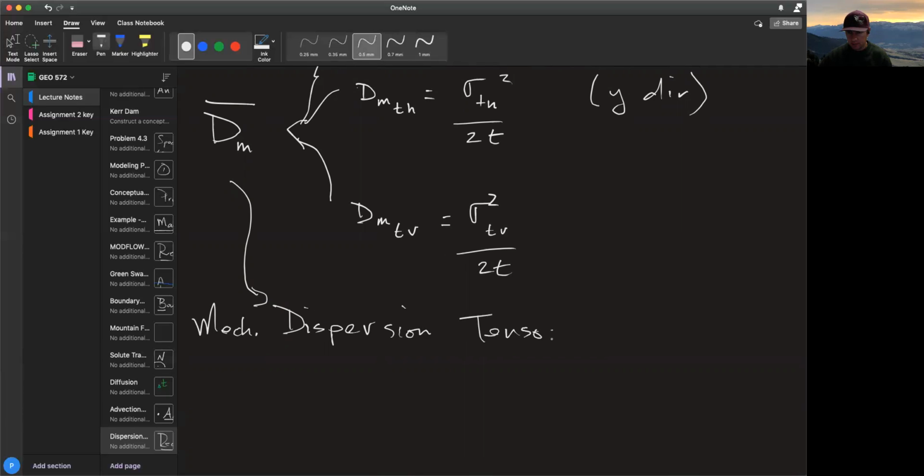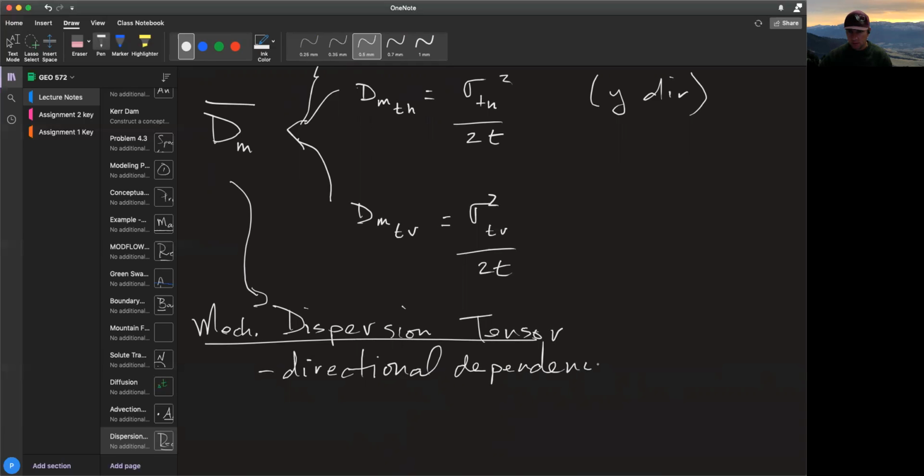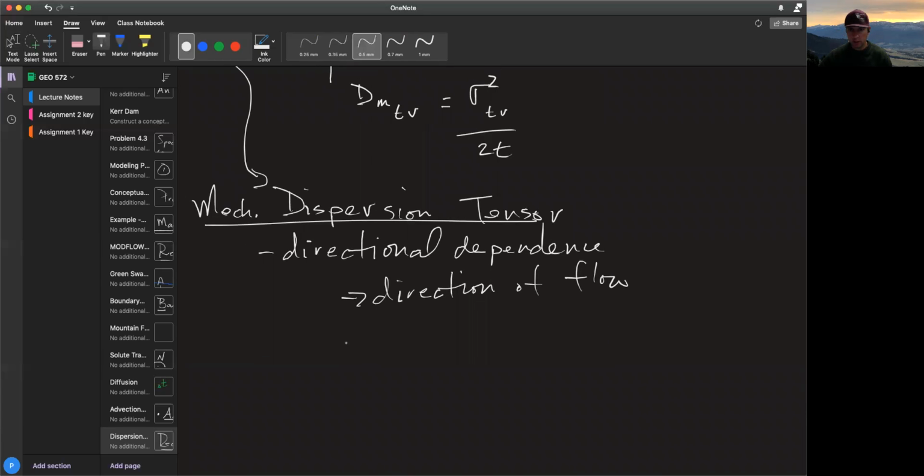And it's a tensor because it has directional dependence. It depends on the way the water's flowing, and it also depends on how that lines up with the geology. So this depends on the direction of flow and the orientation of geologic structure.